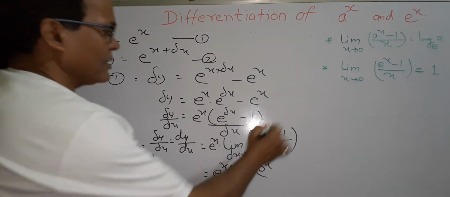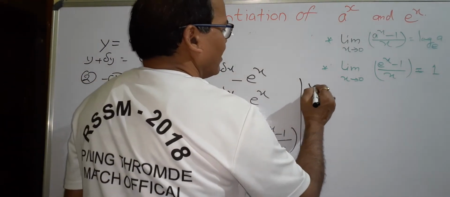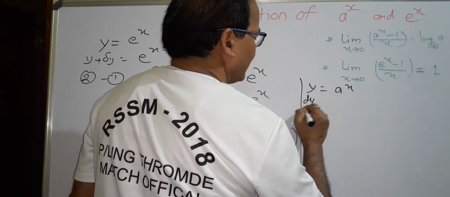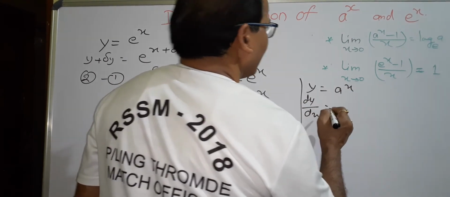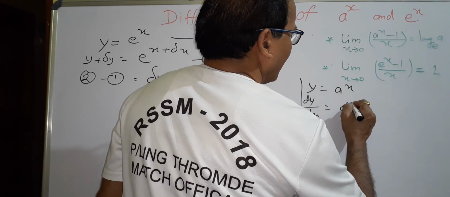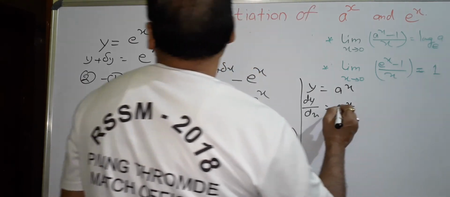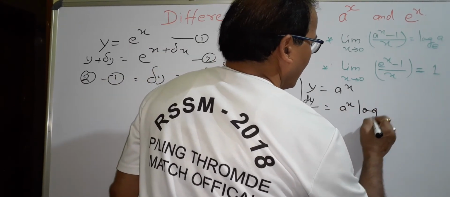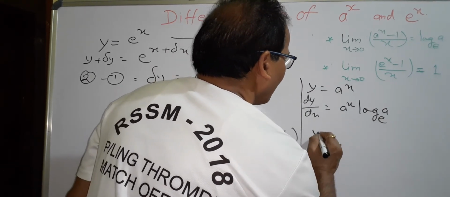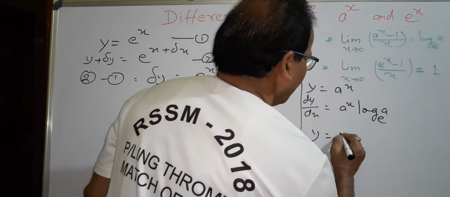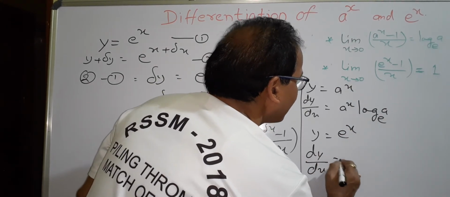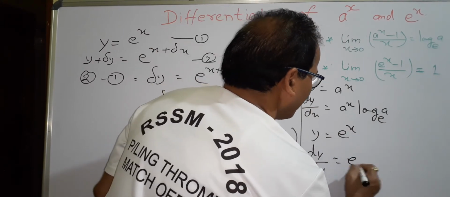So, as a whole, we learn that if y is equal to a to the power x, then dy by dx is equal to a to the power x log e a, and if y is equal to e to the power x, then dy by dx is equal to e to the power x.